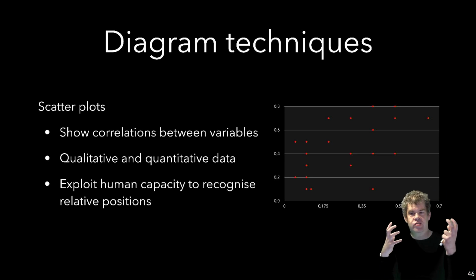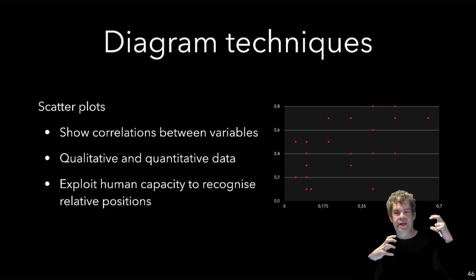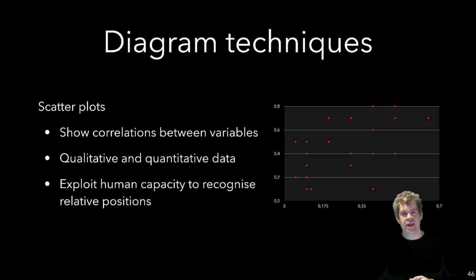It shows the correlation between variables and, well, all the stuff that I put down here. But what's a scatter plot? It's the stuff you did in, I don't know, 6th grade or 7th grade, okay? So here's a graph. Compute a few points and draw those points onto a piece of paper. It sounds complicated, right?